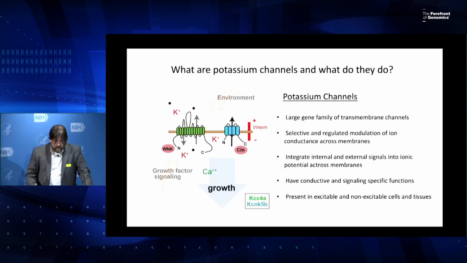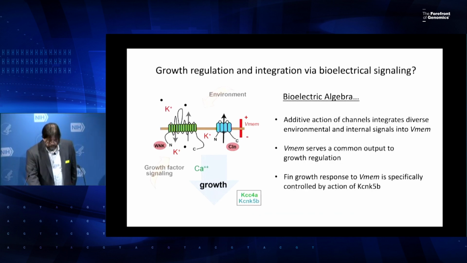We get different types of channels out, all of which are potassium mediated. And we know there are intracellular mediators like calcineurin here, which can affect growth downstream of this. These are present in excitable and non-excitable cells. Mostly we think of excitation as neurons, muscles, these sorts of things, but your fibroblasts actually have a resting membrane potential, and it controls their differentiation and behavior as well.